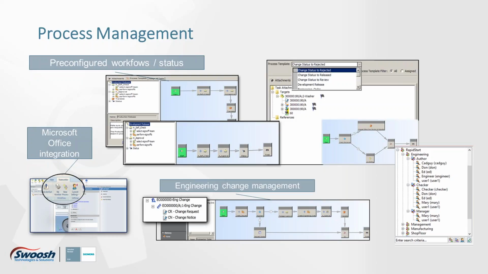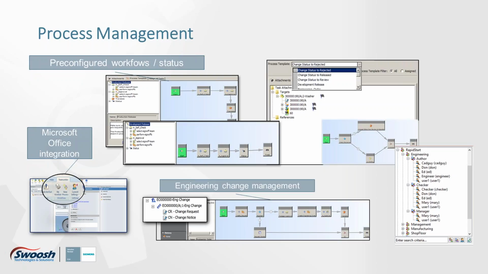The other most important thing that comes with RapidStart is the ability to utilize the built-in engineering change management. In the RapidStart deployment they've gone in and created an engineering change order icon and forms where you can pack in all the necessary data for, say, an engineering change, and then send that through one of the pre-configured workflows to get approved or get a status assigned to it.